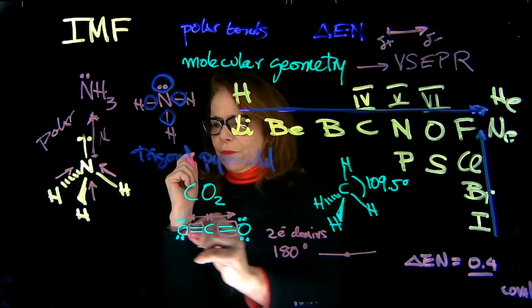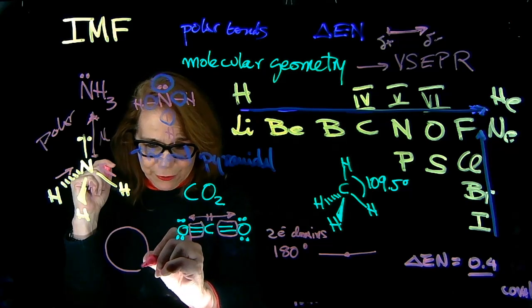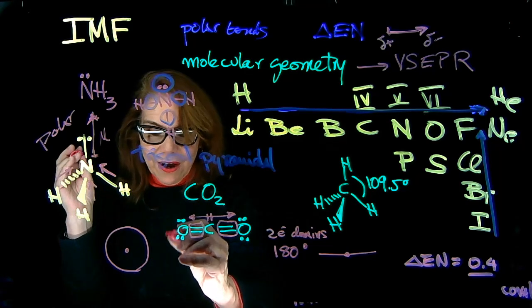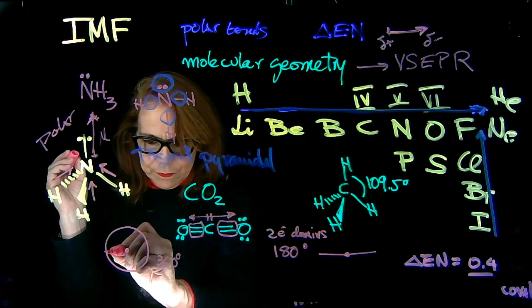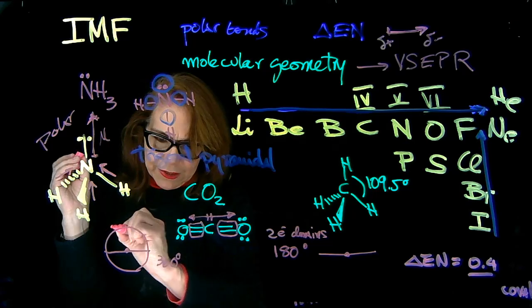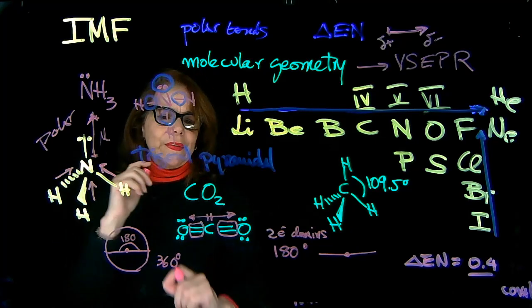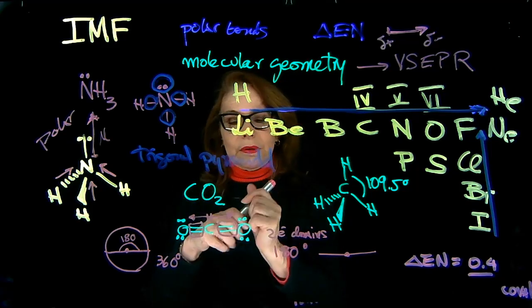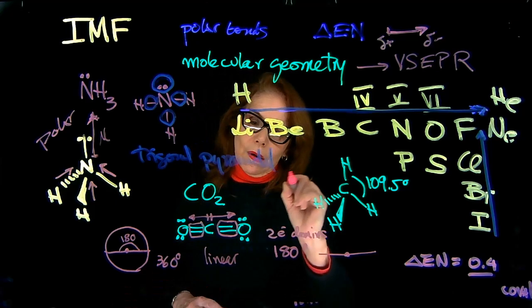Let's pretend this is a good circle, and that's the center. The whole circumference is 360 degrees. If I divide this in half, that's 180, so that will be the angle here. The geometry is linear, but I have two polar bonds.